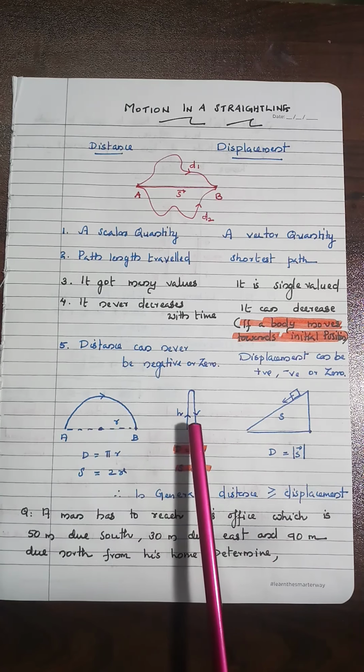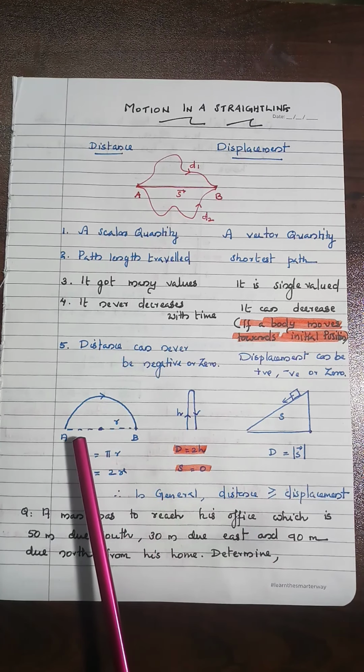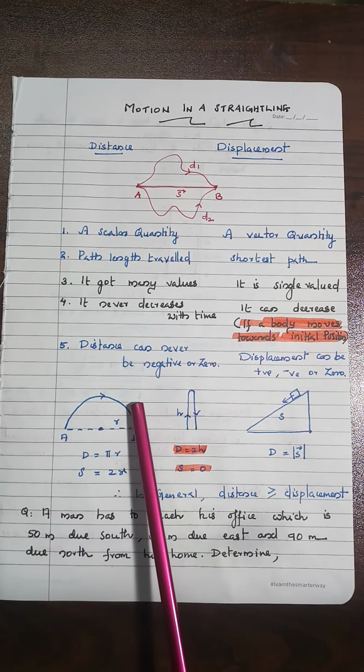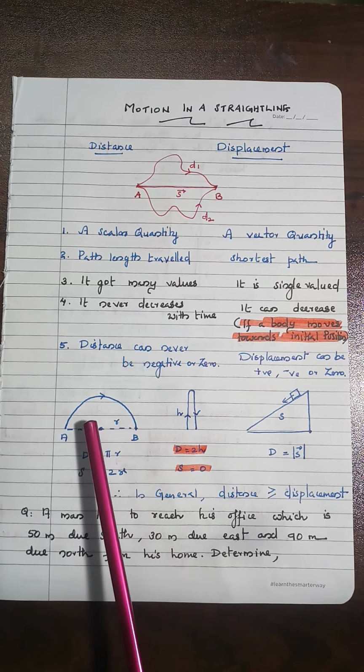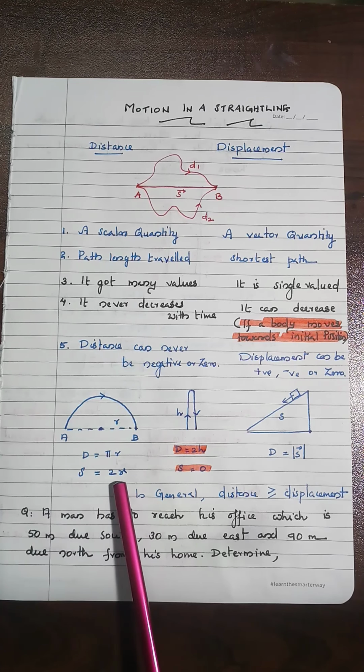Go through some examples. If the particle is moved through the circumference of a semicircle, the displacement is the diameter, but the distance is pi r.